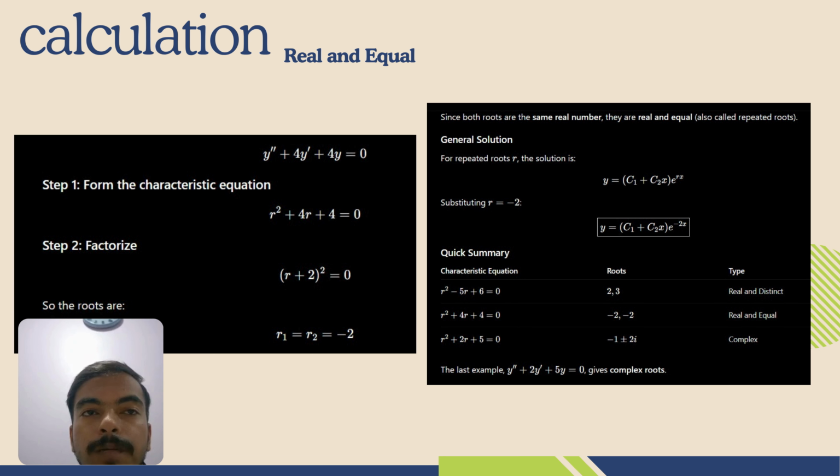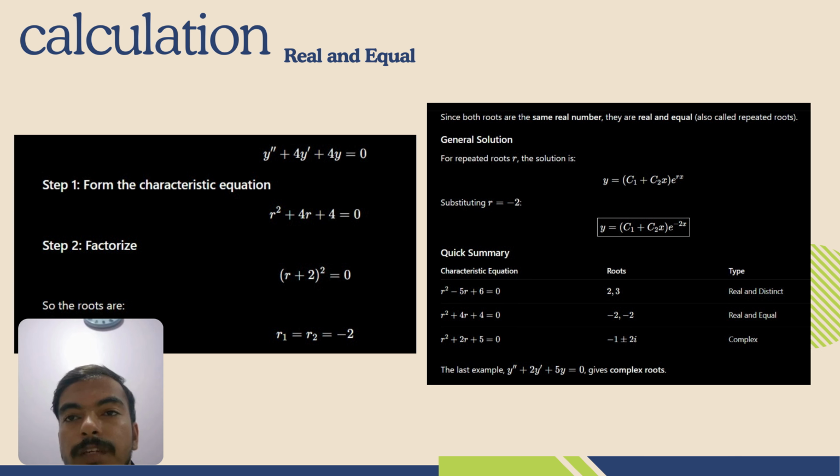As we can see, the solution y equals c1 plus c2x exponent rx. If we know that the r1 and r2 are the same, we just conclude as c1 plus c2x exponent negative 2x. If r1 and r2 are the same, we just include the exponent outside of the bracket.